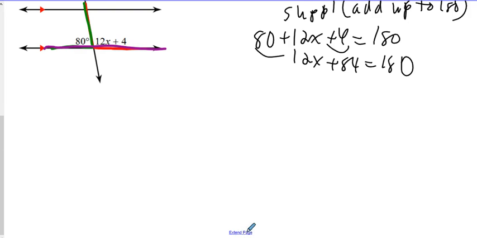Then I'm going to subtract 84, and I get 12x equals 96. When I divide by 12, I get x equals 8. If I plug that in to check, 8 times 12 is 96, plus 4 is 100, 100 plus 80 is 180. Good to go. And that's it.